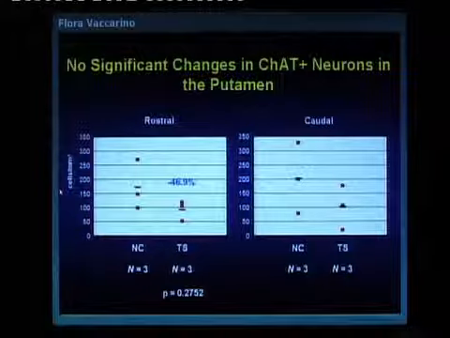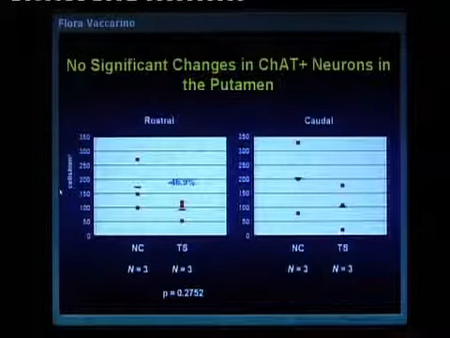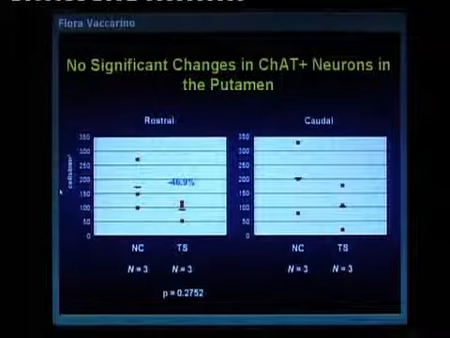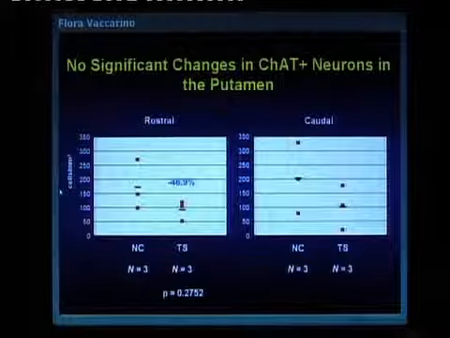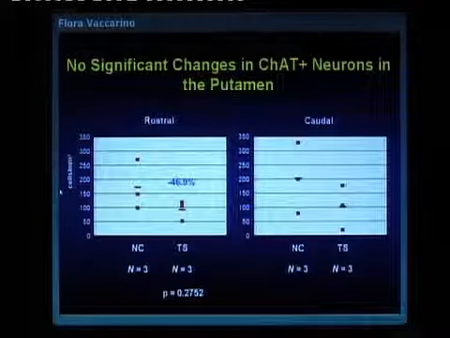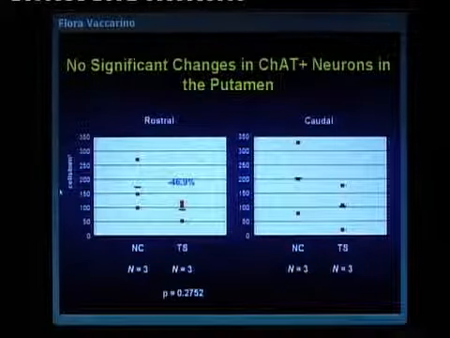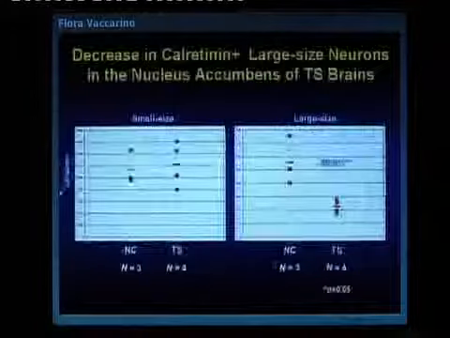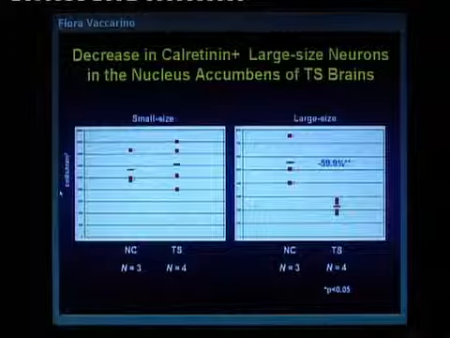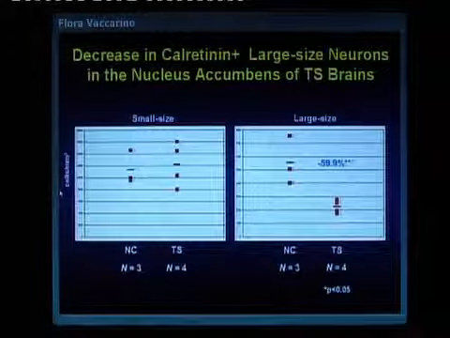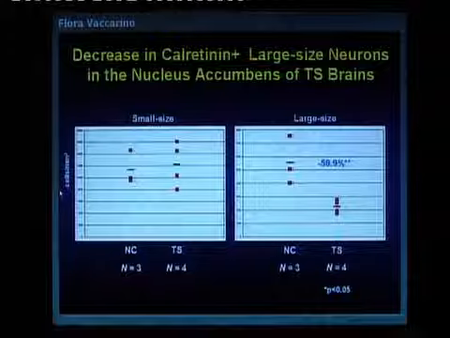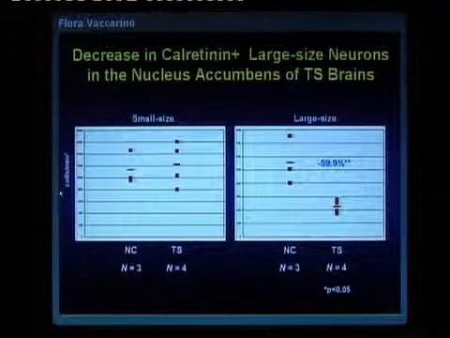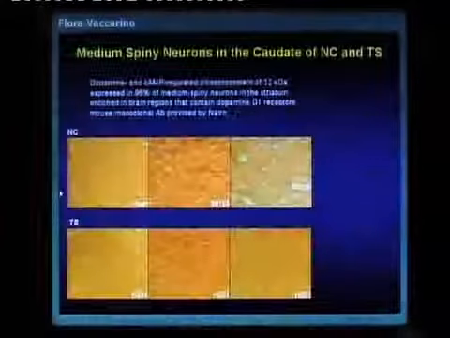But I think it's probably because we don't have enough number of patients and there is some variability. So I think that if we examine more patients, this is going to turn out to be significant, because it's actually in proportion quite a large decrease. Also, there is a decrease in large size neurons in the nucleus accumbens. So these large size cholinergic cells are probably going to be strongly affected in these patients.